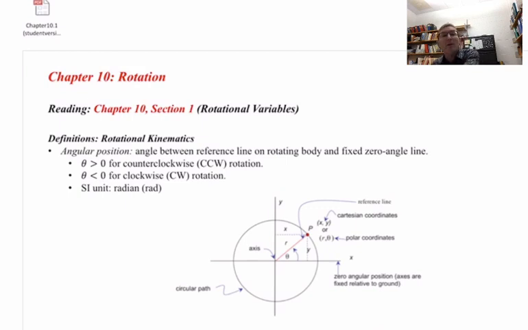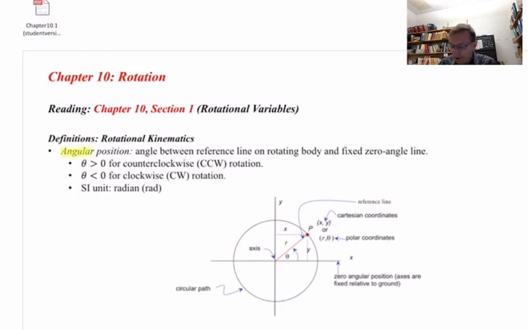Not letters of the Roman alphabet, like V and A, but letters of the Greek alphabet. We've got to be aware of that. So you're going to hear me say a lot of Greek letter names. So let's start with our definitions of the rotational variables. First, let's talk about just what we call angular position.